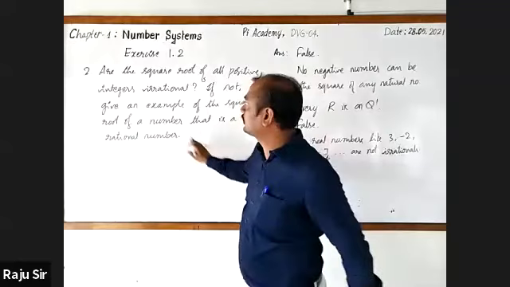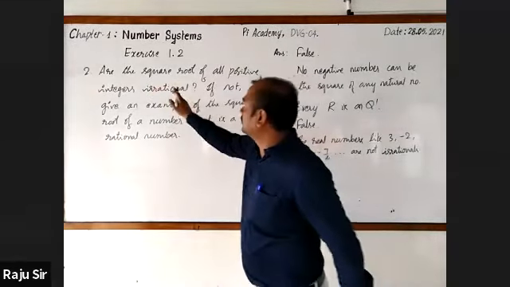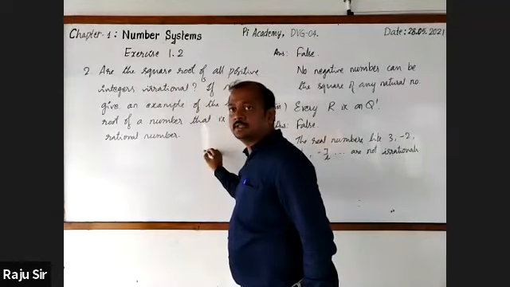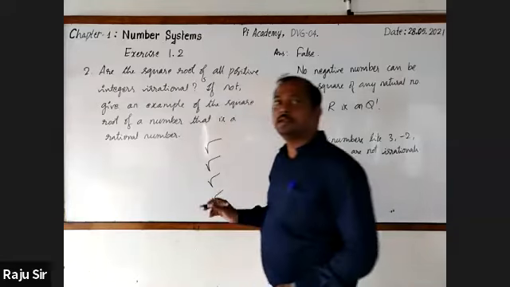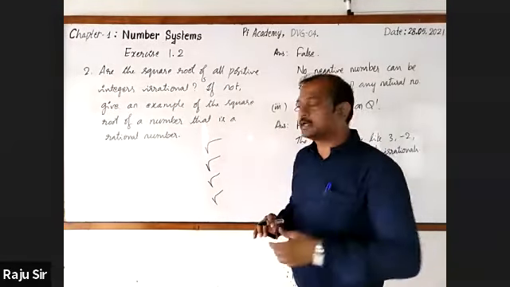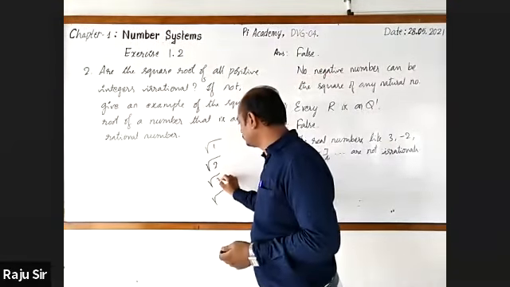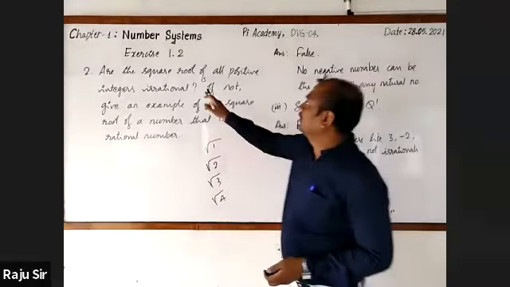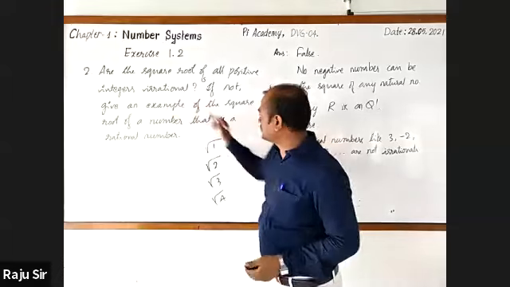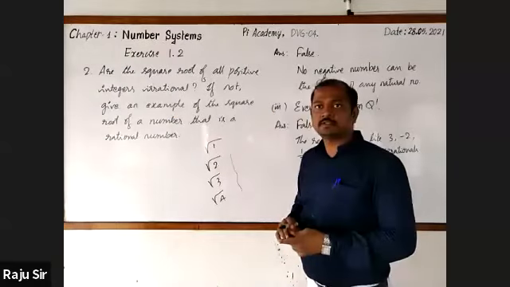Everybody should look at the board. The positive integers are 1, 2, 3, 4, 5, and many more. Are these all irrational?